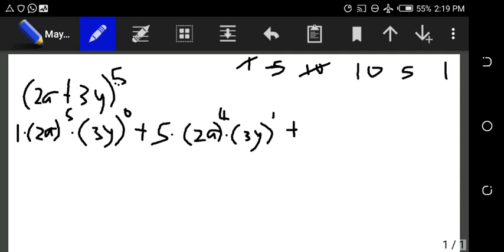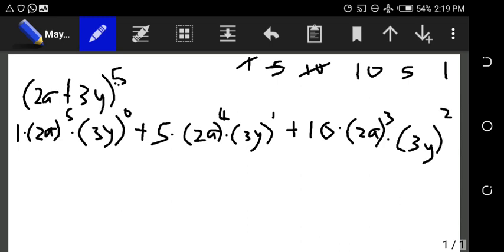So we are having 10 times our first term, which is (2a) raised to the power 3, and then we have a second term, which is (3y) now raised to the power 2.